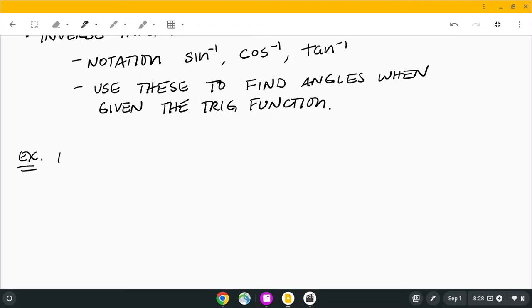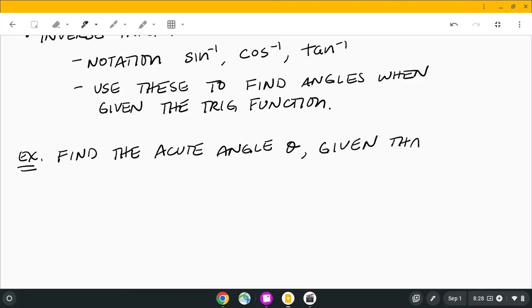All right, so in this section, because inverse functions are a little more complicated than what we're going to see here, and we'll cover them later on in the book, we're going to stick to just the acute angles. Okay, so find the acute angle theta given that tangent theta equals 3.152.